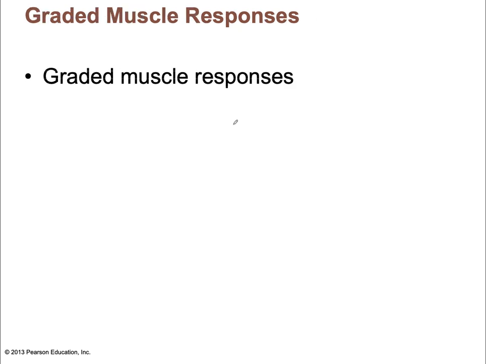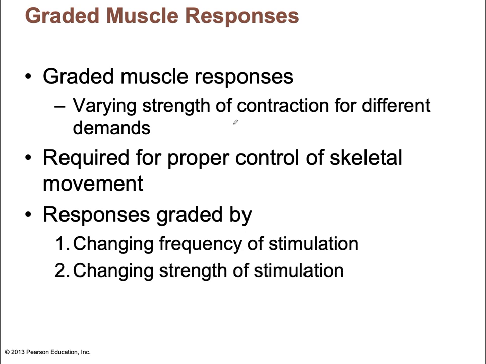When we move in the body, we take the simple twitch and use that as a component of what generates contractions that generate movement in the real world. So you generate these graded responses that are going to be appropriate for the force they're trying to apply. This is important for movement and for posture.